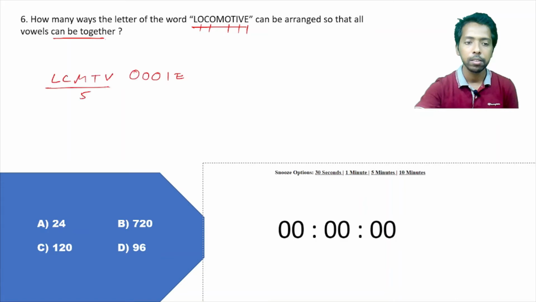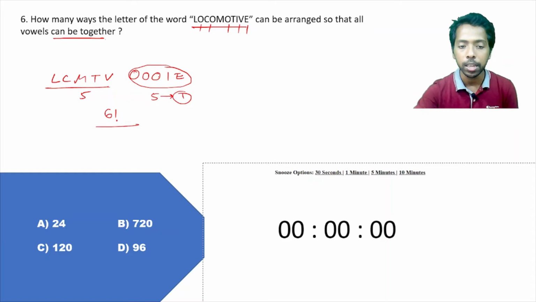So these 5 letters can be arranged individually. Now, these vowels would always be together. So this is total 5, but the vowels considered as 1 unit, right? So total 6. So 6 factorial would be in the numerator, and in the denominator something comes if there is repetition of a letter in the given word. Now see, here there are 3 O's, right?